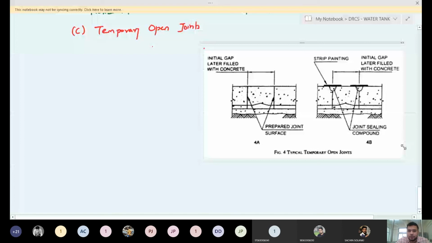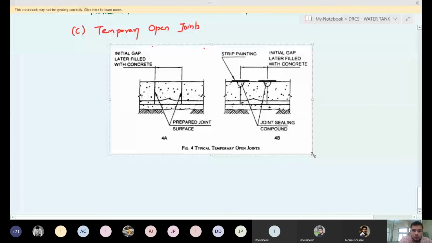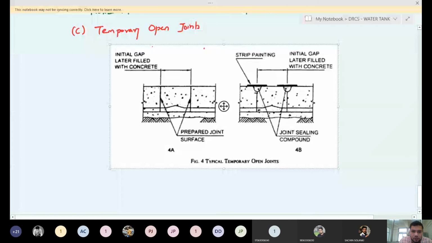So in temporary open joints, this is concrete 1 and this is concrete 2. Okay, so this initial gap is filled with the new concrete.